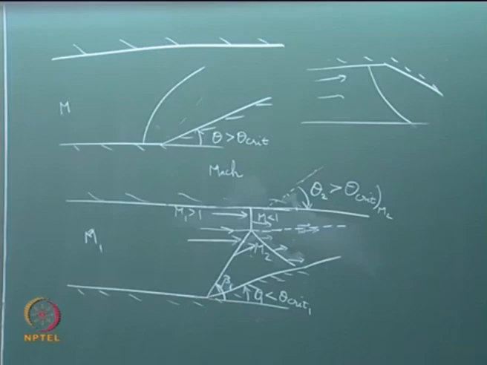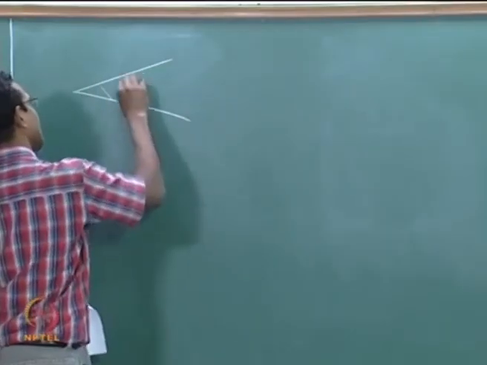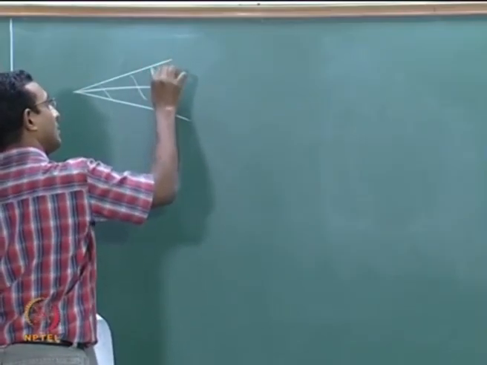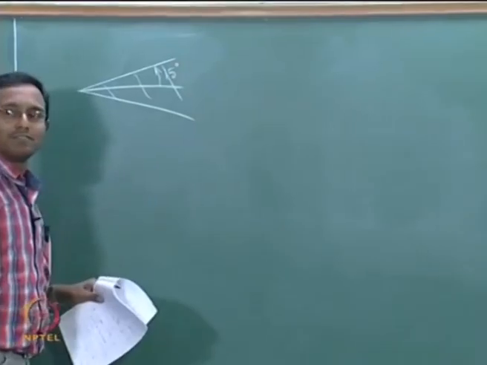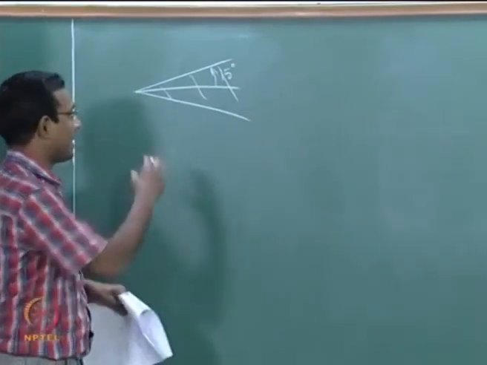First example, very simple one. I am having a 15-degree wedge, that is its half angle is 15 degrees.